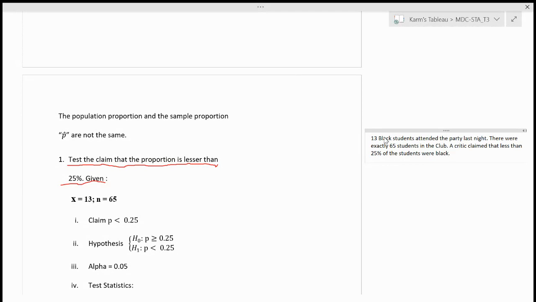Okay, so as you can see, the critic states that less than 25% of the people, or the students, were black at the party, if you want to be more specific.